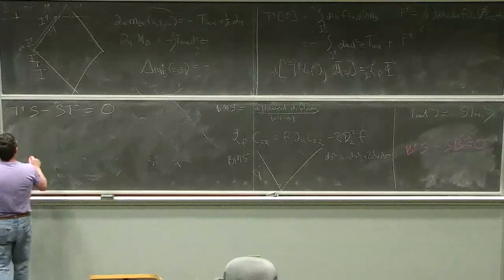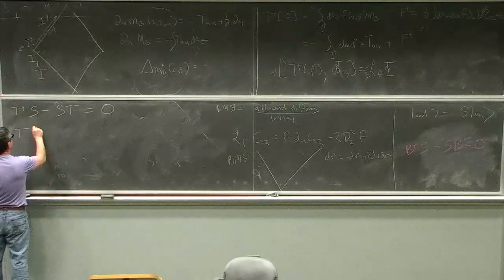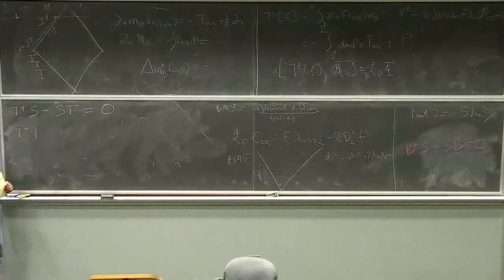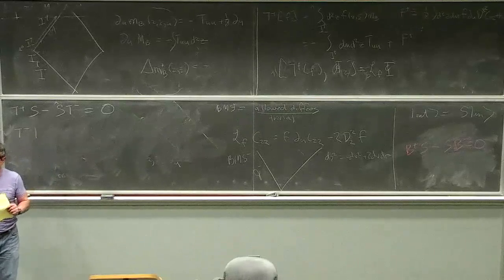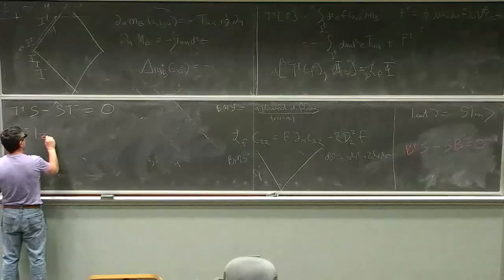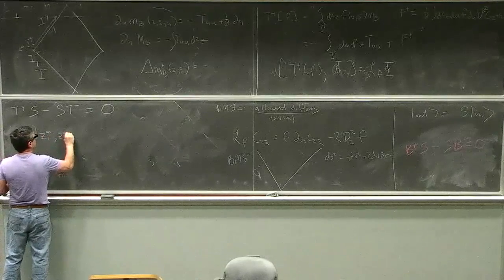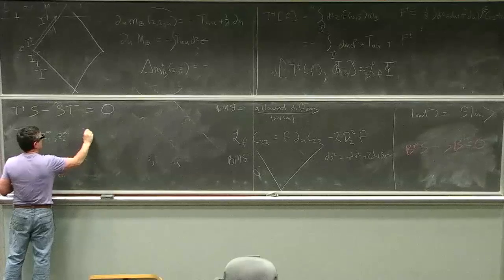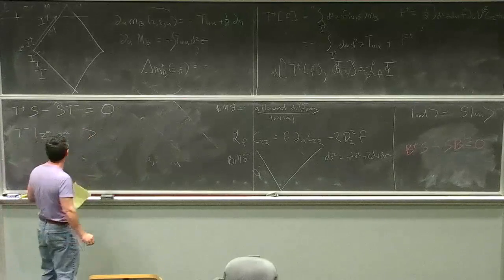How does that work? Well, let's suppose we want to act with T minus on some incoming state. And I want to label my incoming states not by momentum, but by the point z in which they enter the sphere. So I have some incoming state, z1 in, z2 in, and they have energies E1 in, and so on.